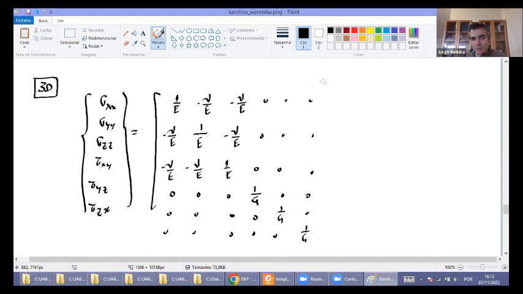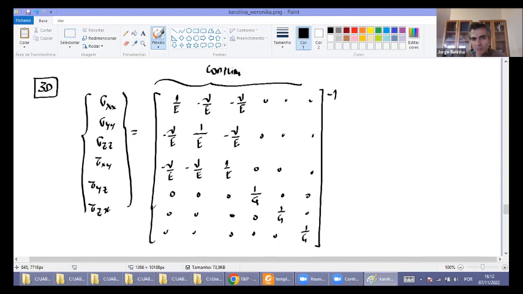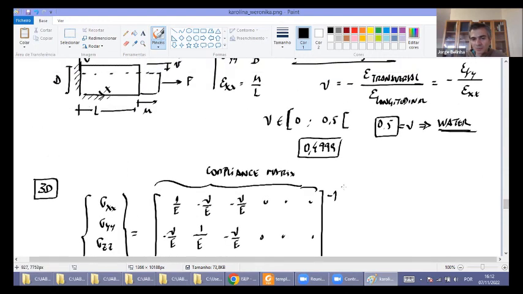And if you invert this matrix, because programming this is much easier, this matrix is called the compliance matrix. This one, without the -1, with -1 becomes the constitutive matrix.